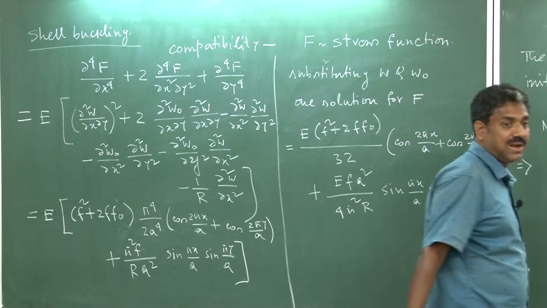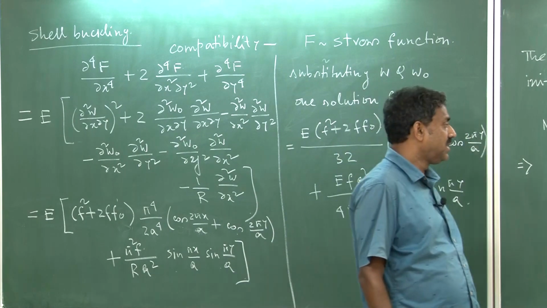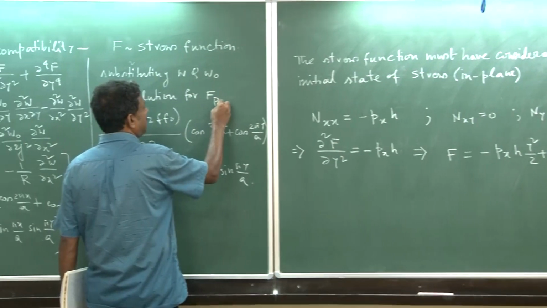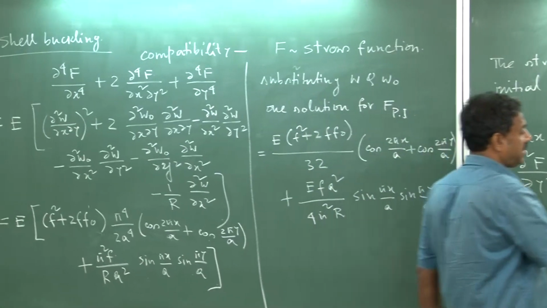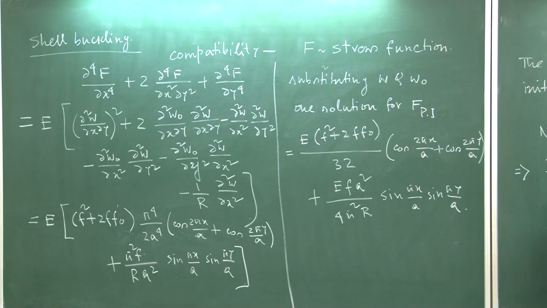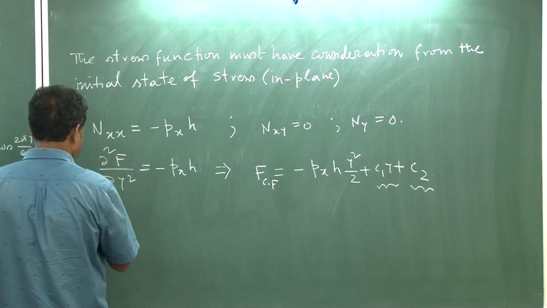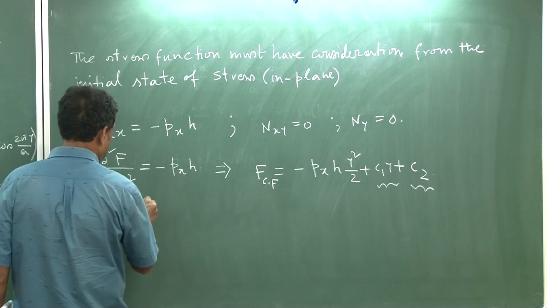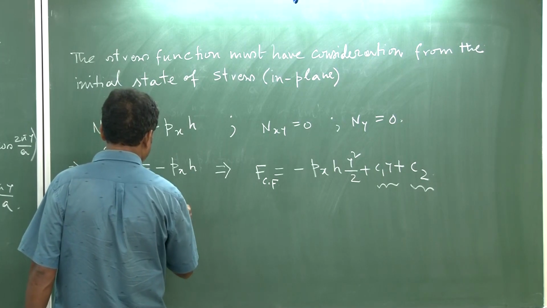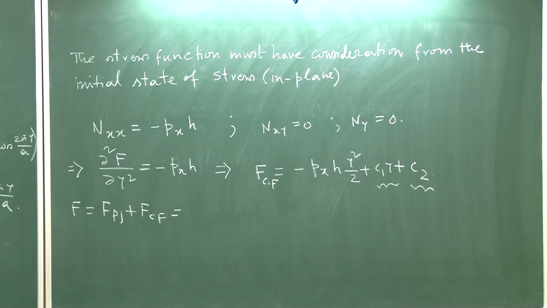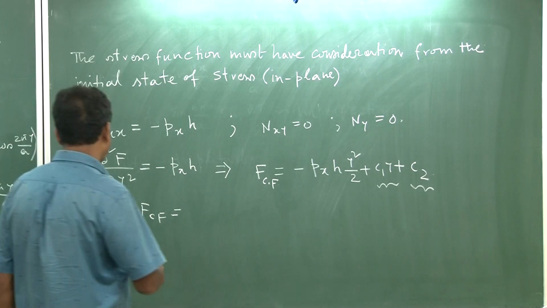So, what we have learned for any equations, we can treat this to be a particular solution, particular integral, and this is the complementary function. So, total solution F is the particular integral solution plus complementary function, right? Because it is a non-homogeneous equation, the solution of a non-homogeneous equation consists of two terms.